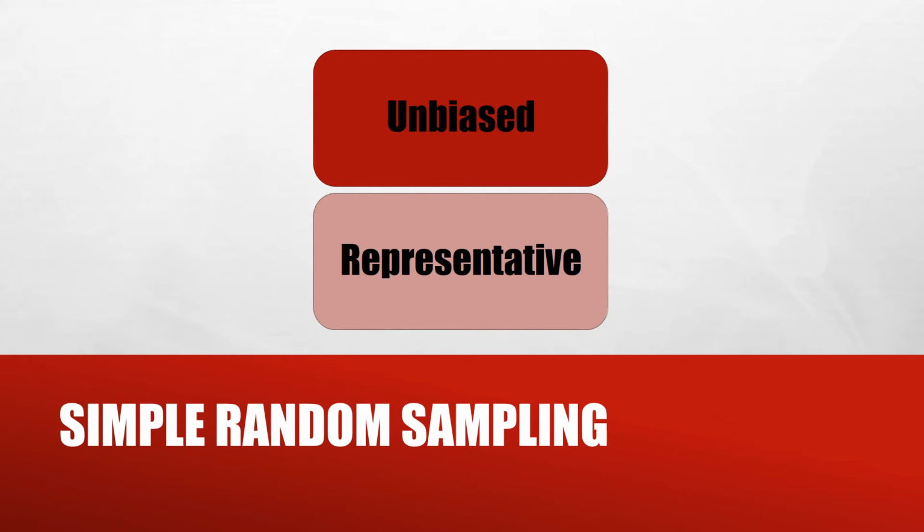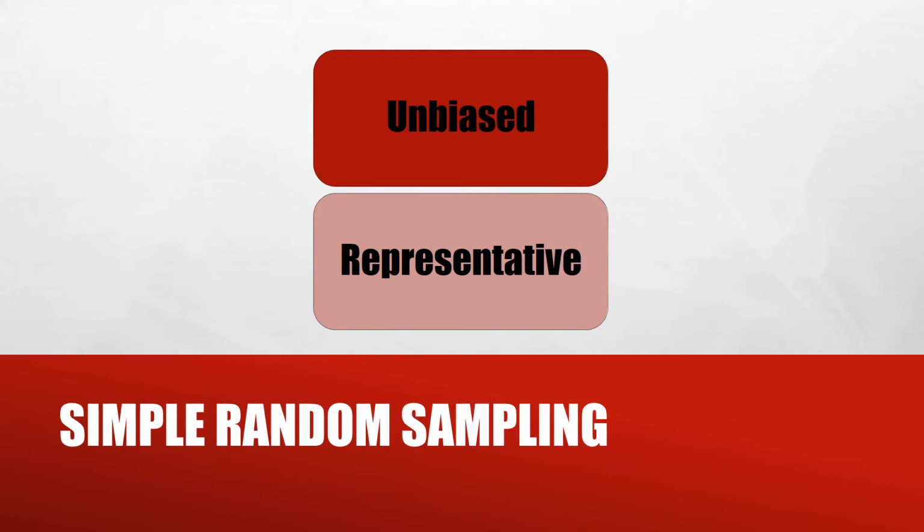However, it can be difficult and expensive to take a simple random sample when dealing with people. Simple random sampling is more practical when the population is geographically concentrated and when a good sampling frame exists. A sampling frame is a list of all the people or objects in the population of interest.